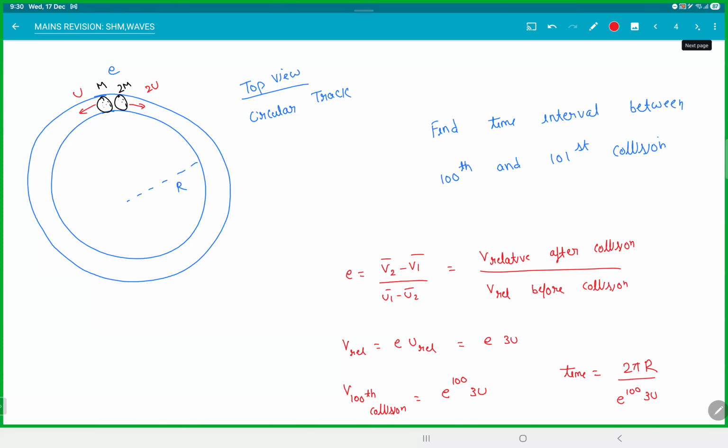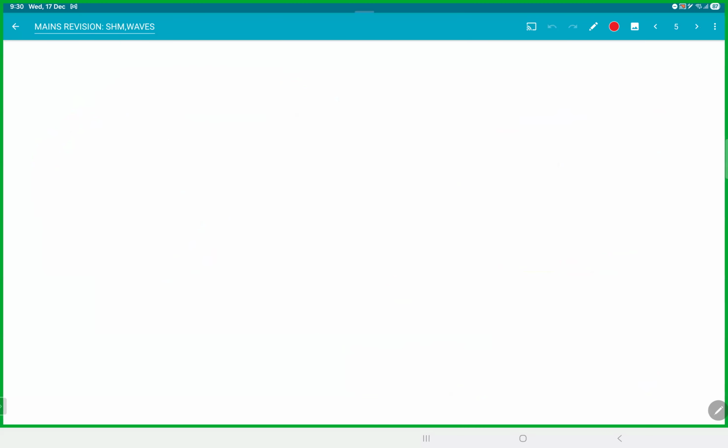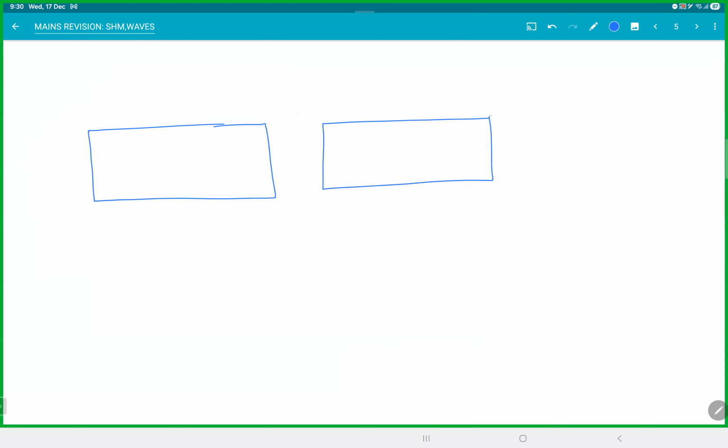Now, since I asked you this, I remembered something else. Let me ask you that also, even that is not SHM. Let's say I have 3 boxes. Identical boxes. In one case, you projected a ball with speed u, it goes here and comes back like this.